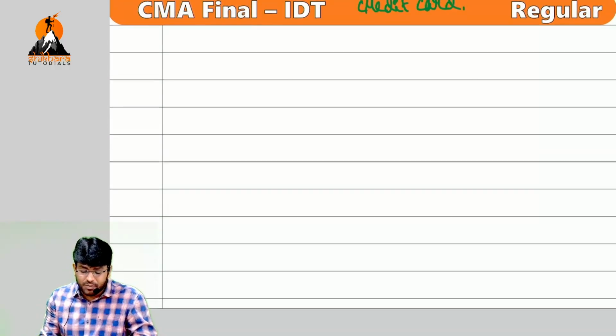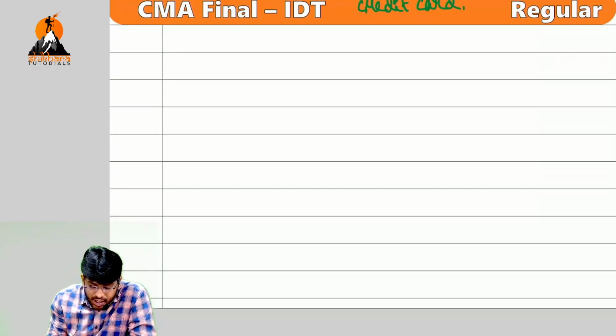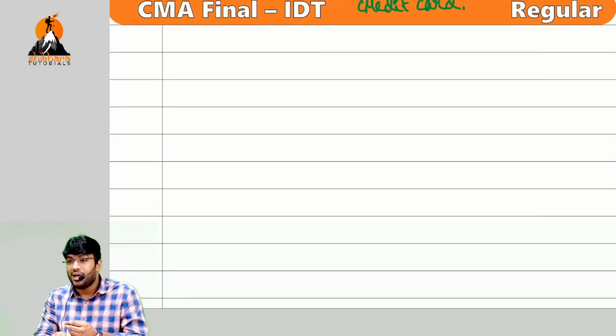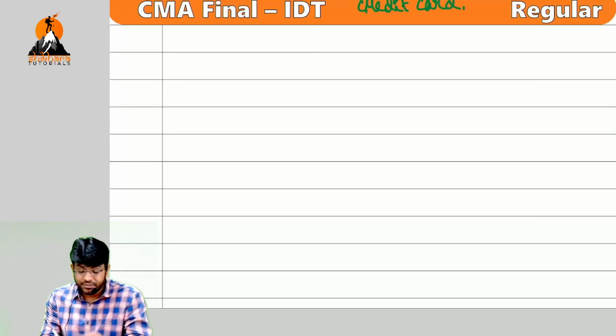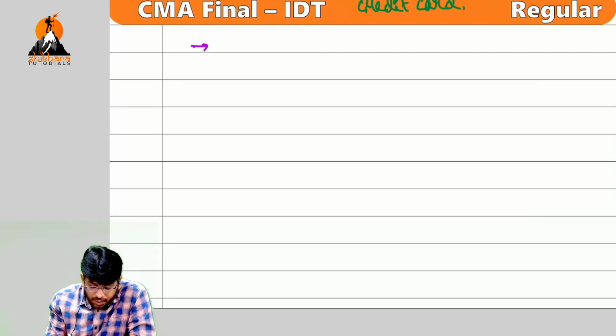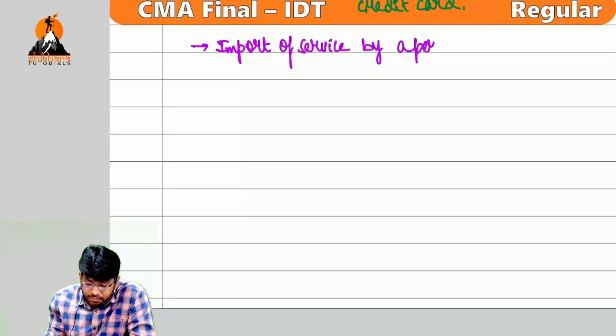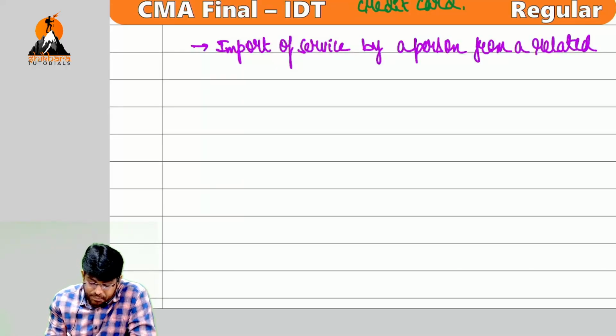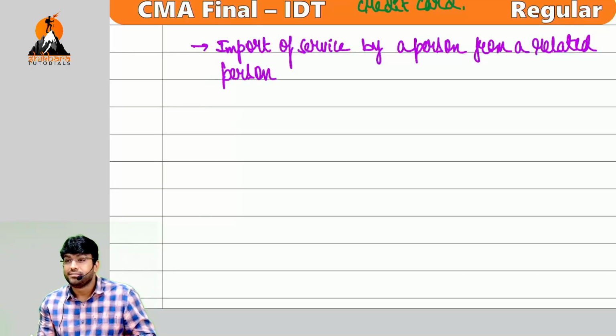Finally, come on, the last point in section 7(1)(c), read with schedule 1. Come on, friends. Import of service by a person from a related person. I am sure we already know who is a related person.